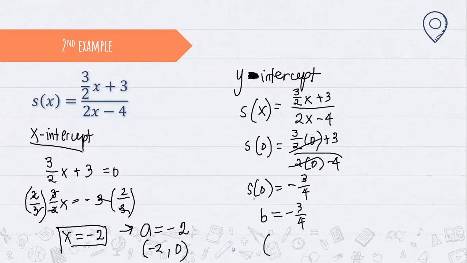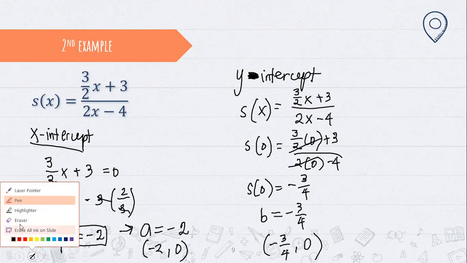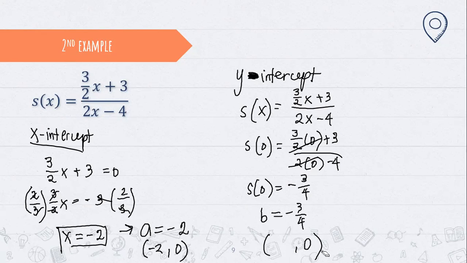Our graph will intersect the y-axis at 0, -3/4. Someone said it's reversed. Sorry, the 0 comes first. Yes, we're on the y-intercept now. Sorry.